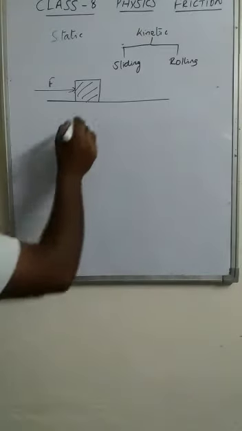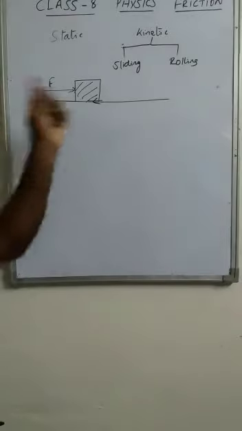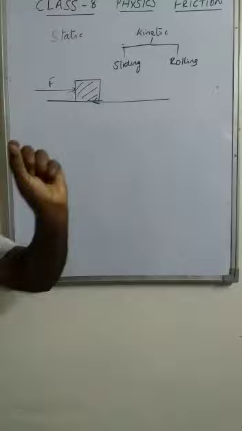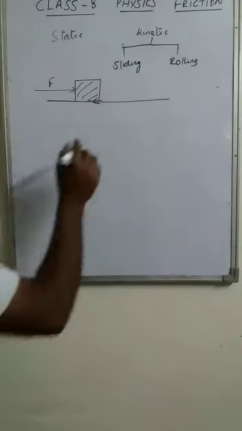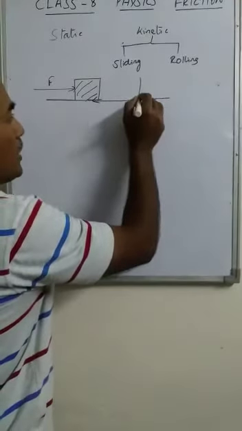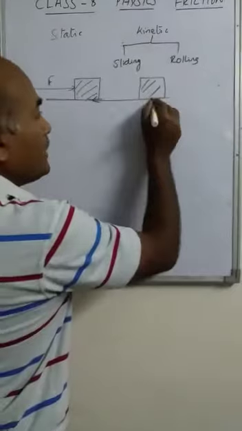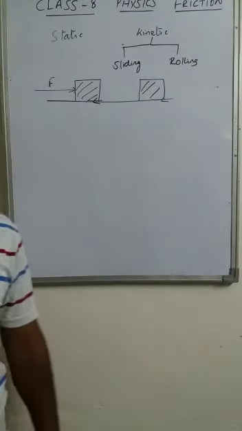It opposes the applied force. As the force increases gradually, after a limit the object starts to move. Once the object comes in motion, again the friction is acting between the two surfaces, that is kinetic friction.